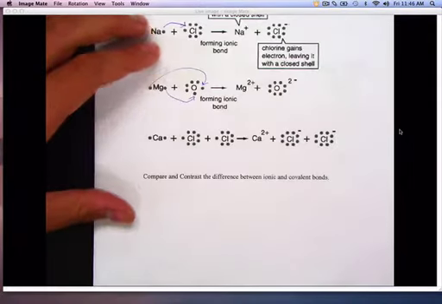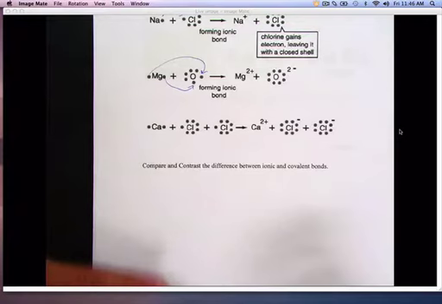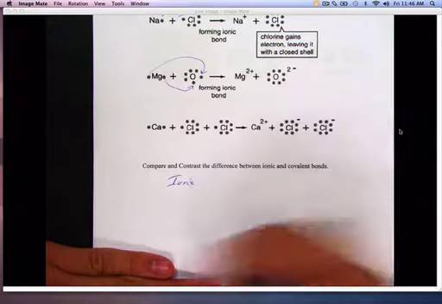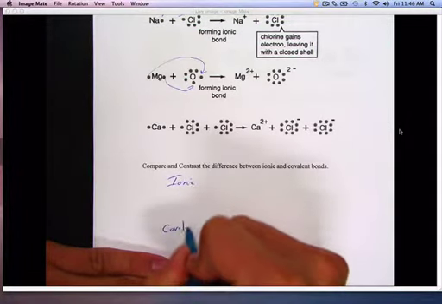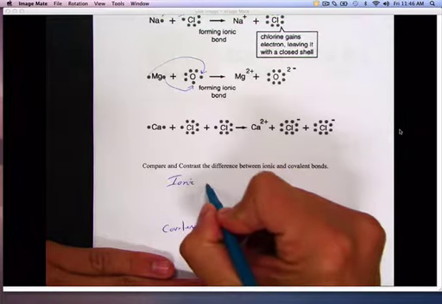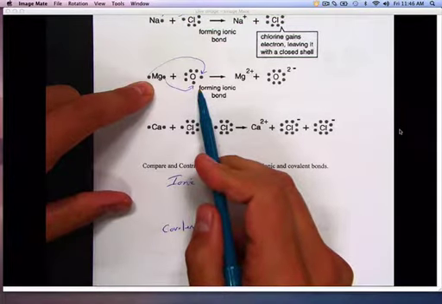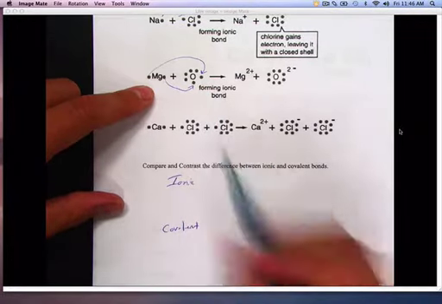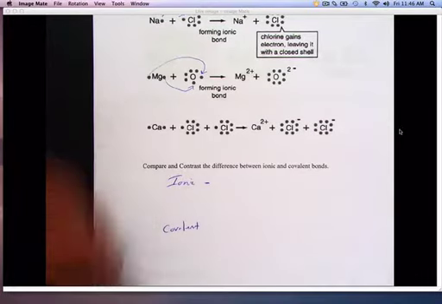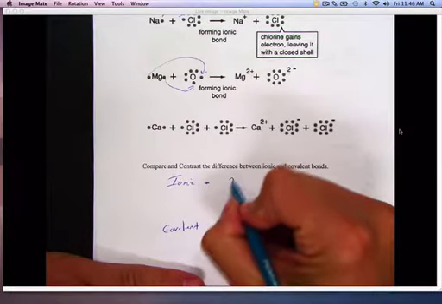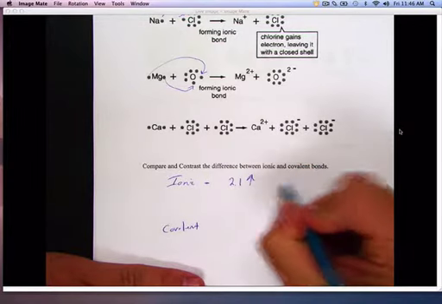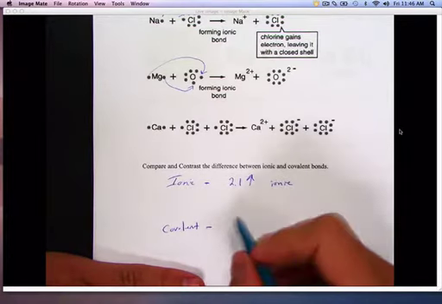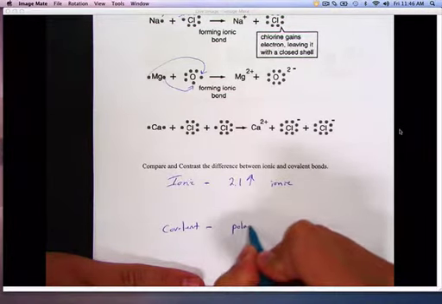If we had to compare and contrast, there's a couple things you need to know. Ionic bonds transfer electrons, whereas covalent bonds share electrons. When you take the difference in electronegativity between the two elements, oxygen's way more electronegative than magnesium. When that difference, for whatever numbers they are, is 2.1 or greater, it's ionic. Covalent bonds can form two different types: polar and nonpolar.